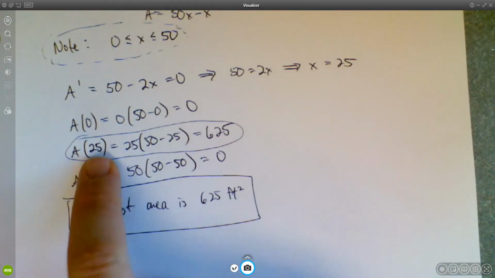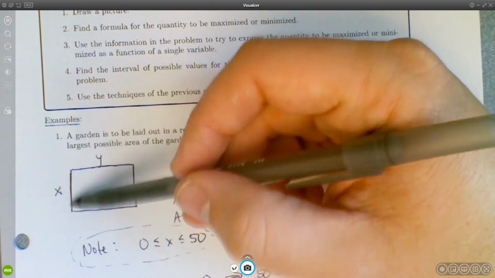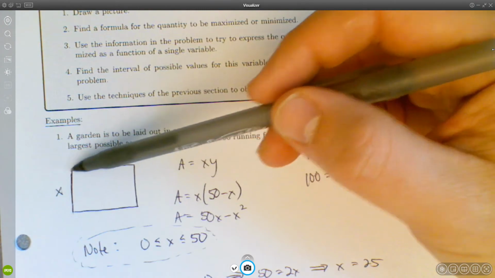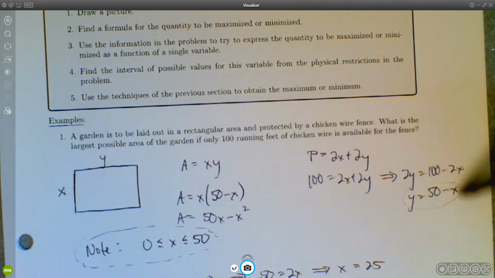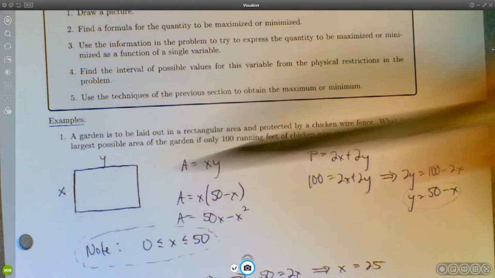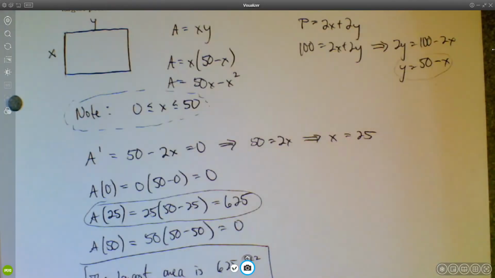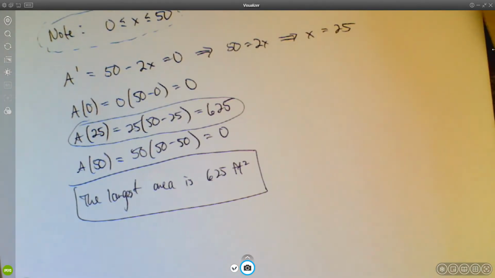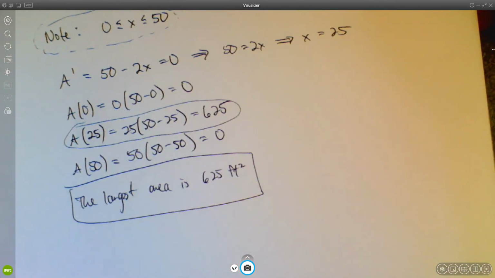That happens whenever you use a length of 25, and if you're using, I forgot if I called this length or width, it doesn't matter, right? But if we call x 25, y would also have to be 50 minus 25, which is 25, right? So you actually get a square. The shape that maximizes the area is actually just a perfect square, which maybe isn't surprising to you, right? But there you go.